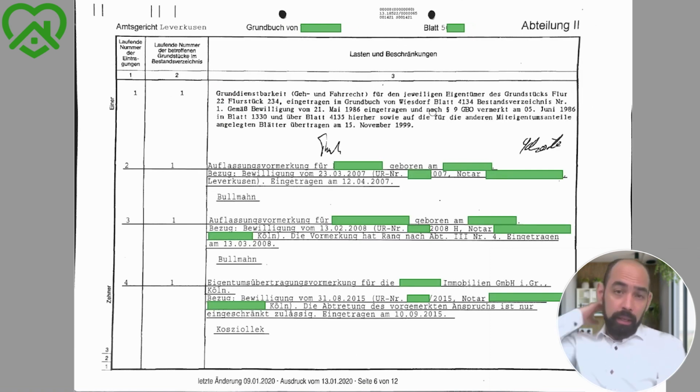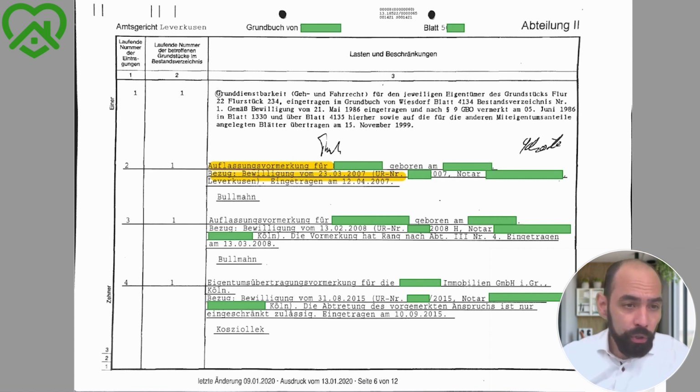Chapter number 2 are rights and restrictions on the property. Let's have a closer look. You already see that underlined stuff has been deleted, which means it is untrue or not true anymore. But the ones which are still true, not underlined, are a right of someone else on this particular plot.